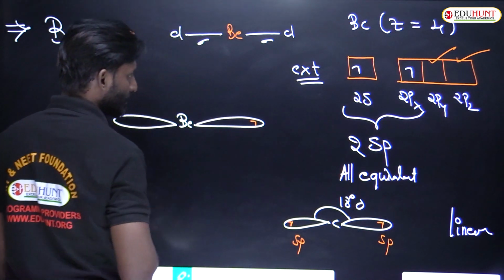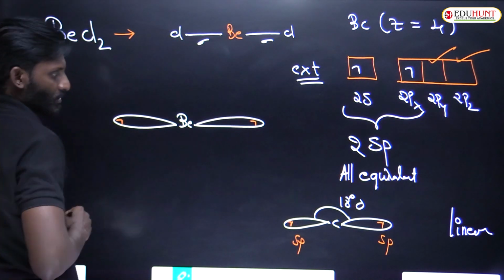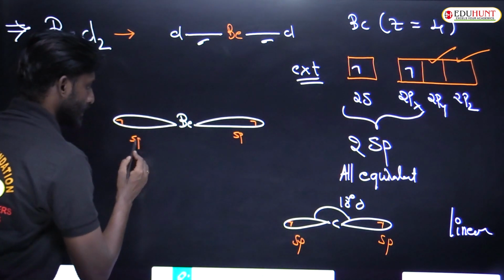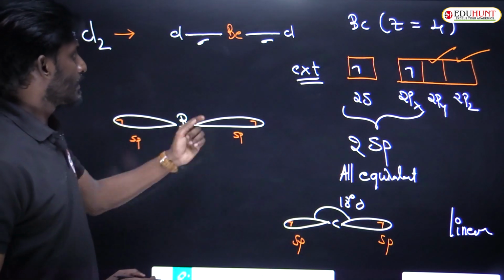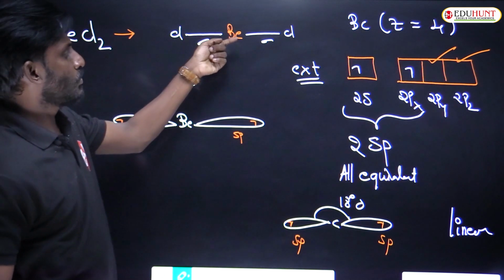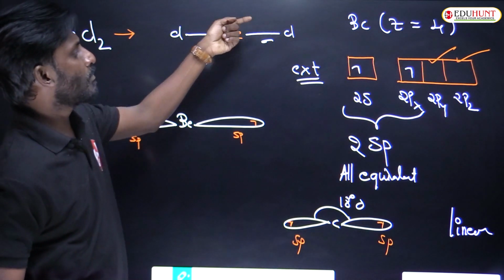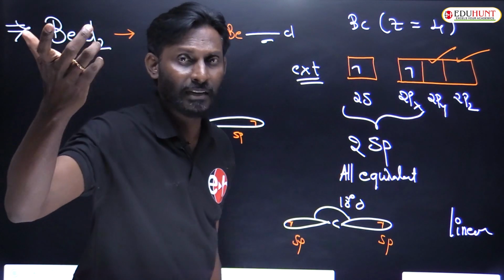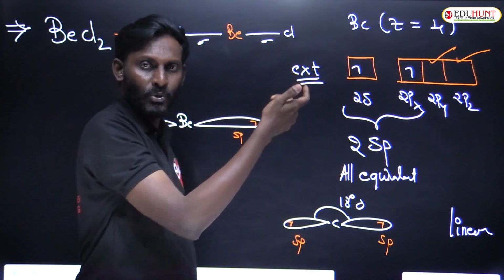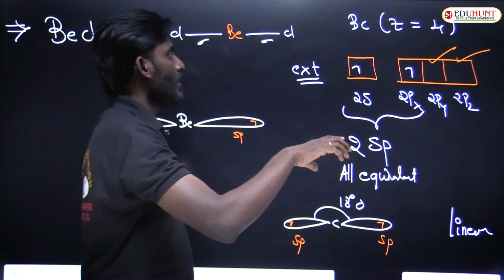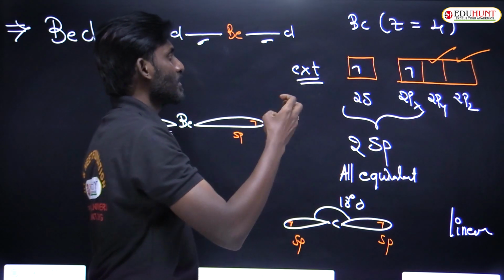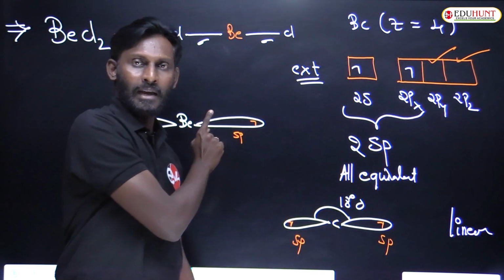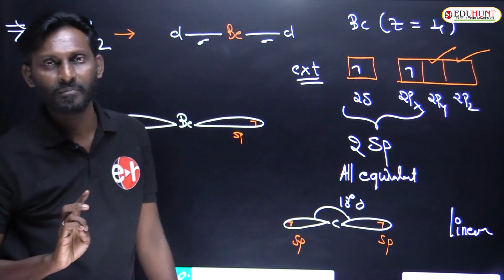Now the case is, this beryllium has to form a bond with chlorine. That means there must be some atomic orbital with an unpaired electron in the side atom to overlap with the hybrid orbital of the central atom beryllium, right?